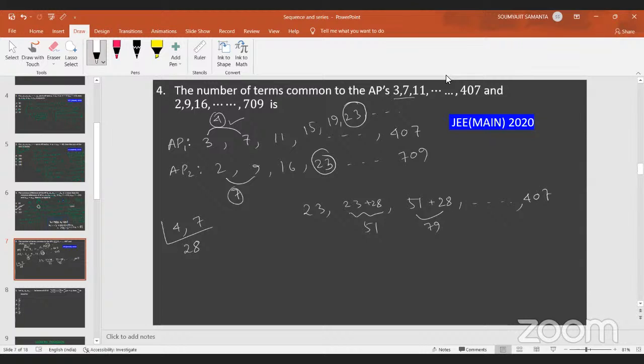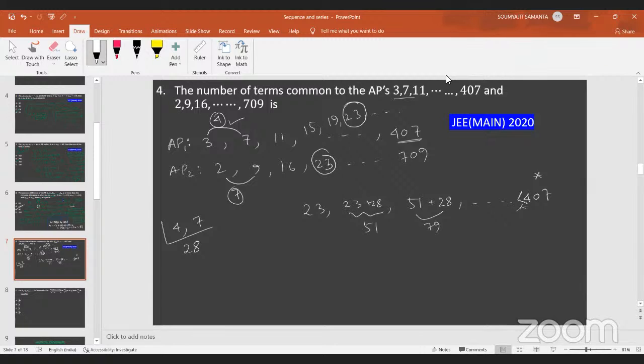So we'll go till the last term of the AP with the lower end, the minimum of the two APs, and that is the last term 407. The term should be less than or equal to 407. Now we'll have to find the number of common terms.